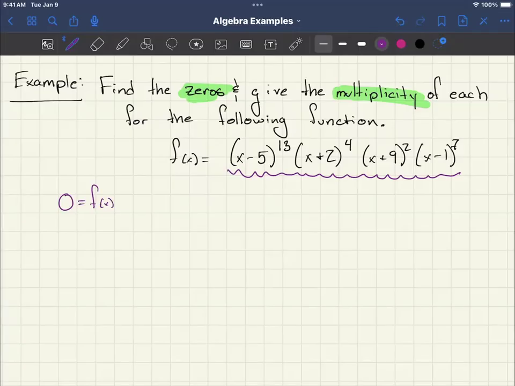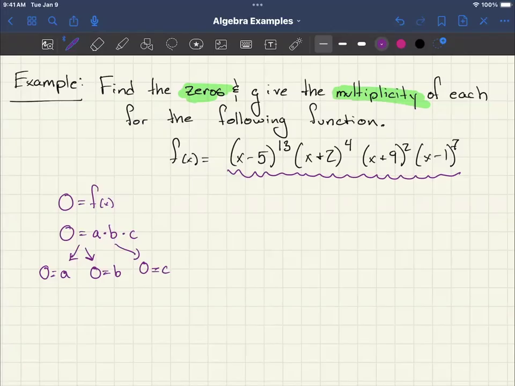And remember, if 0 is equal to two things that are multiplied by each other, then 0 is equal to one of them, or 0 is equal to the other of them. And this works if you add more things to your multiplication. Let's say we did a multiply by c. We would also have 0 is equal to c as a third solution. So the same thing, that's why we factor things out.